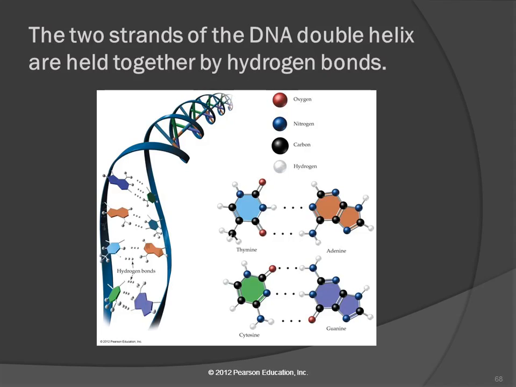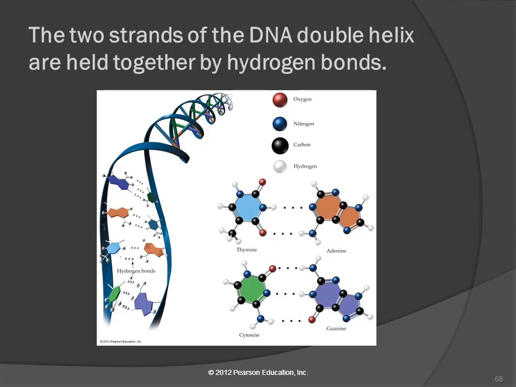Hydrogen bonding is really important in a lot of physiological processes. This is an illustration of DNA. So DNA consists of two long strands. They're molecules, they're just really, really long. And they form this double helix. And they are attracted to each other and held together by hydrogen bonds.